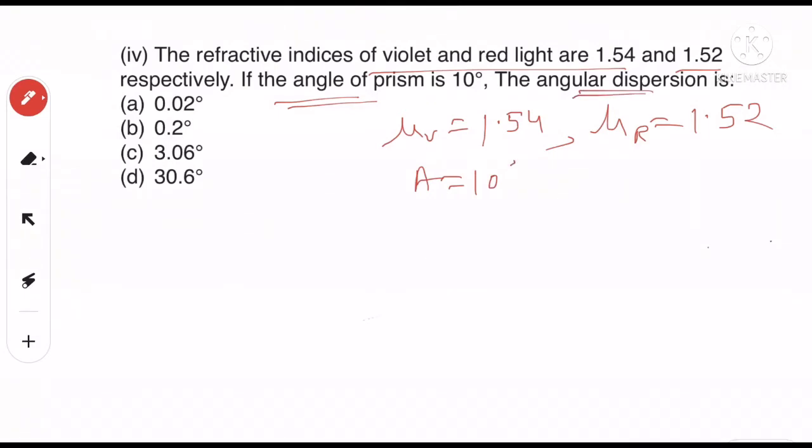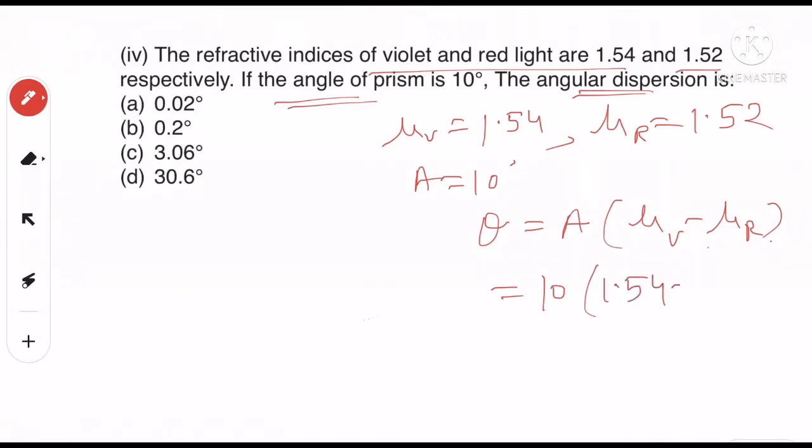Angular dispersion we have to find. Angular dispersion theta will be equal to the angle of the prism into (mu v minus mu r). By this relation we can find it. The angle is 10 degrees, given, into (1.54 minus 1.52).